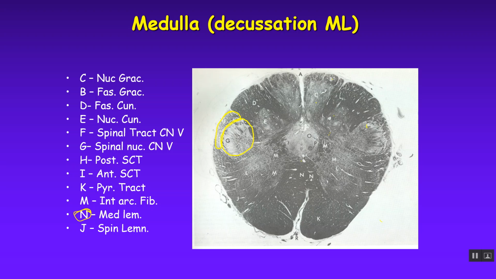So you're going to see a spinal nucleus of cranial nerve number 5 and a spinal tract no matter what level you're at in the medulla. It's that long nucleus that goes all the way down to the upper cervical spine. It sits out in this little bit of a posterior lateral region. So it's on this side, it's this structure, and then this area here.